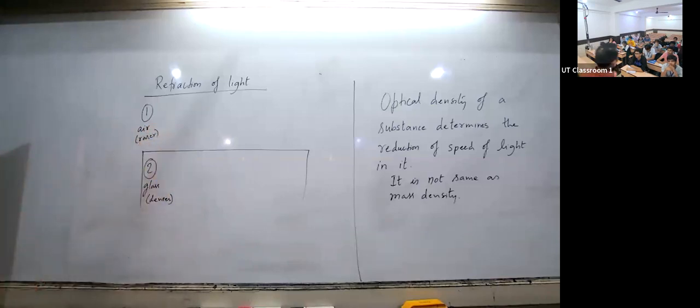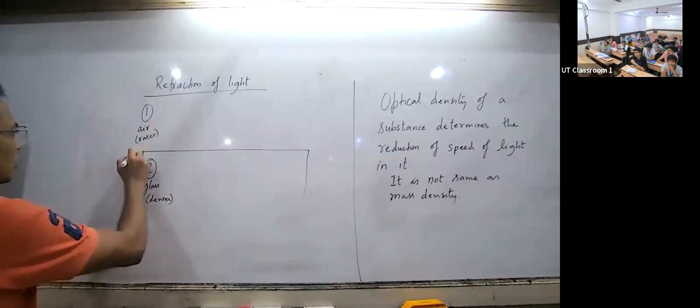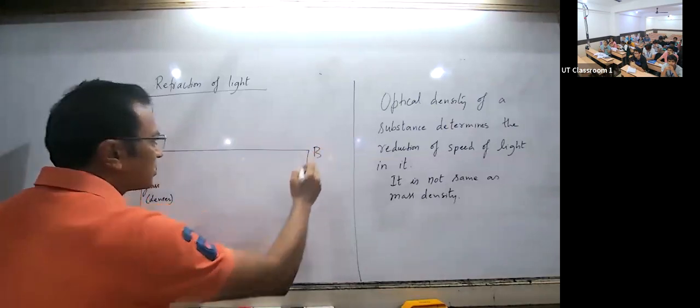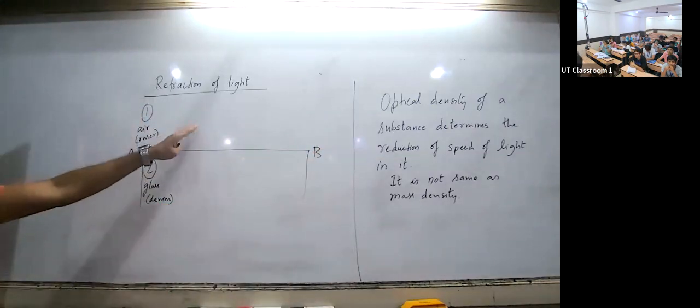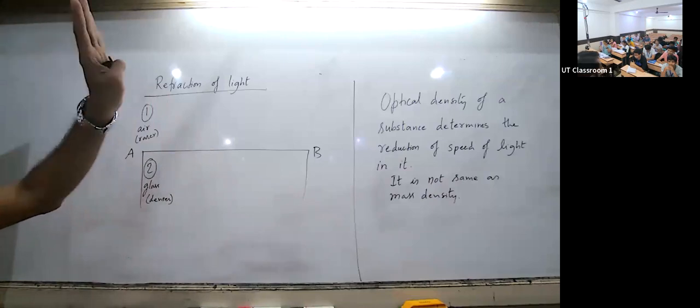As long as you wear specs, watch television, travel through the sea, or swim, you must understand what refraction is. Till 10th it is general science. Let's call this AB the surface, or the boundary between the two mediums.